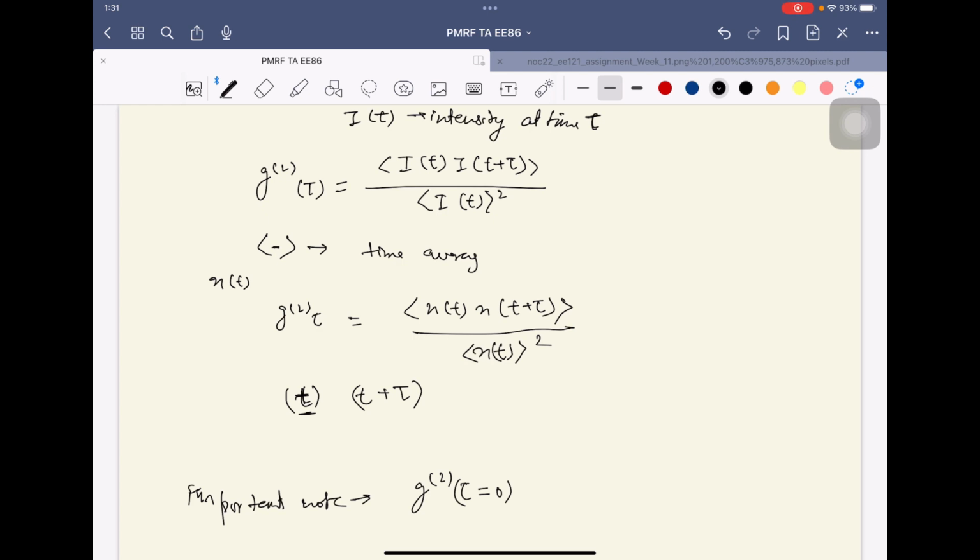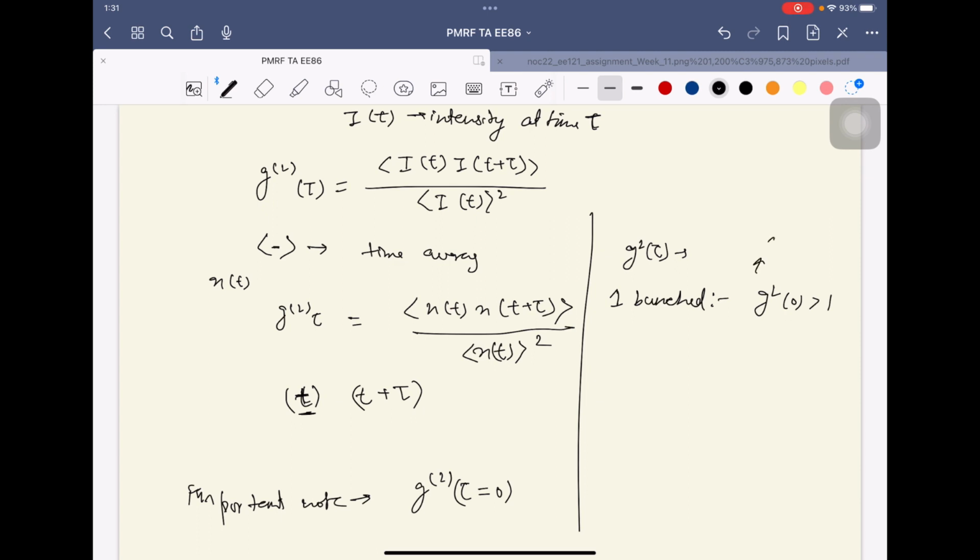So I will interpret it in the following way, as the number of photon counts at an infinitesimally small time after t. So what should be the value of g2(0)? Generally we will see that if the light is bunched, then this g2(0) will be greater than 1.